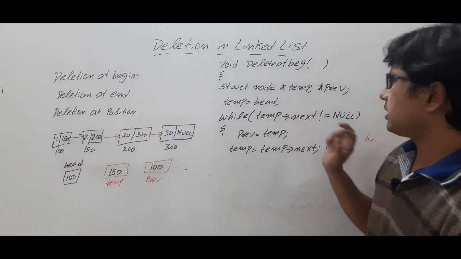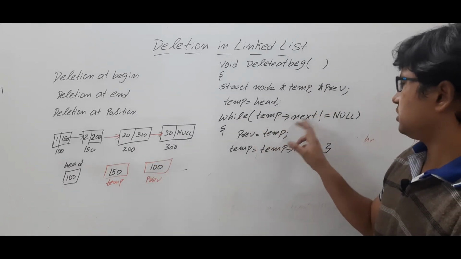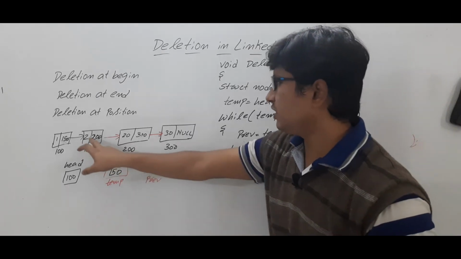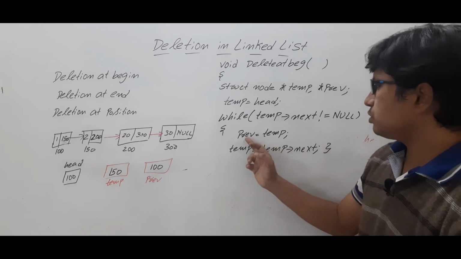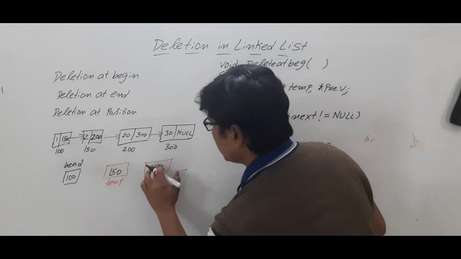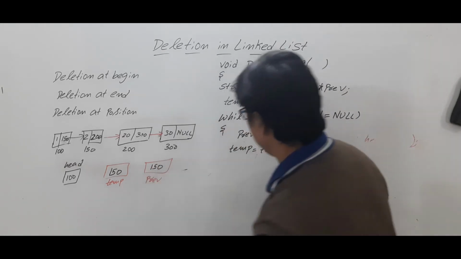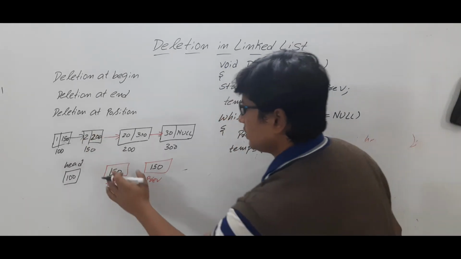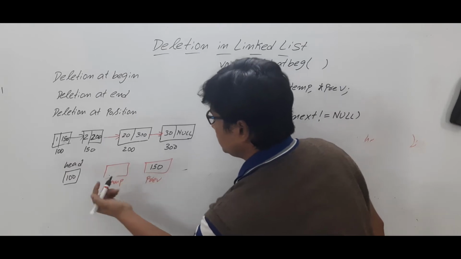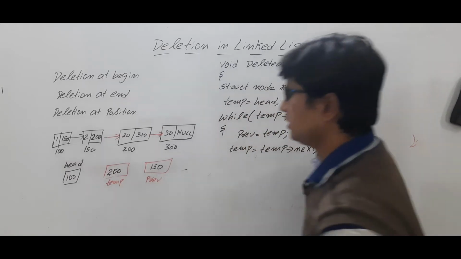Now look at the condition again. While temp of next not equal to null, 150 next is 200, which is not equal to null. Again this condition is true. So previous is equal to temp, now you will get 150 here. Temp is equal to temp of next, 150 next is 200, that should be assigned to the temp. Is it clear? Are you able to understand?